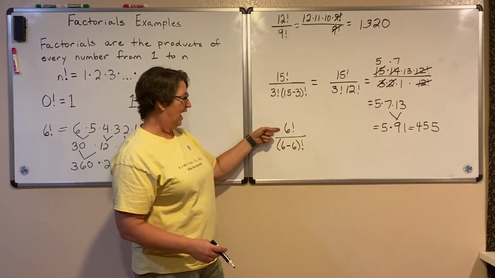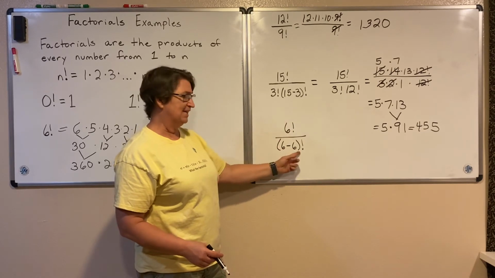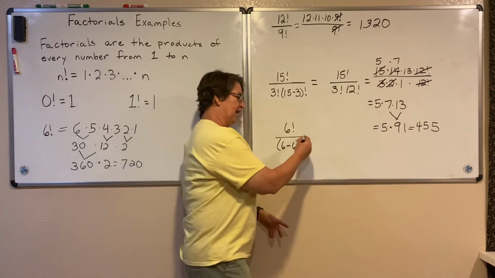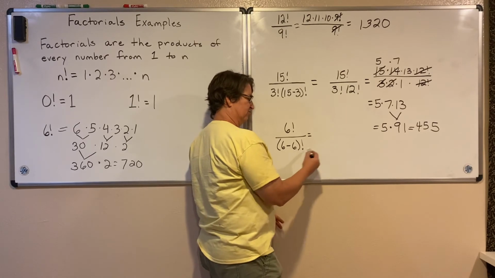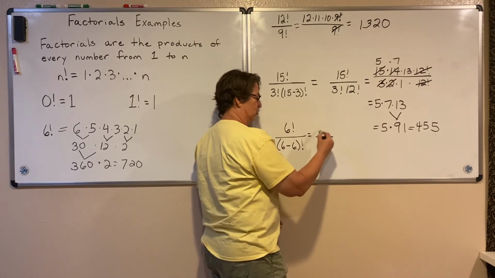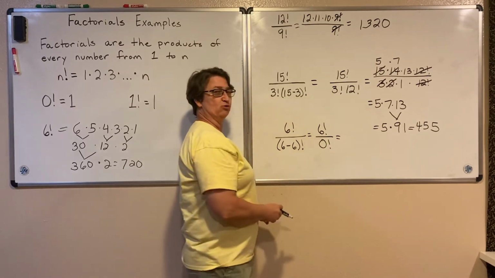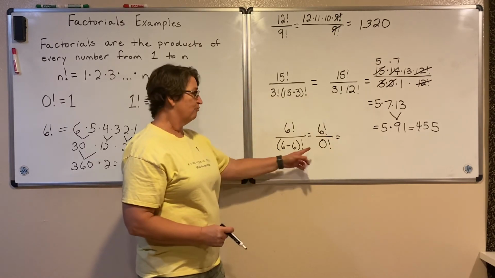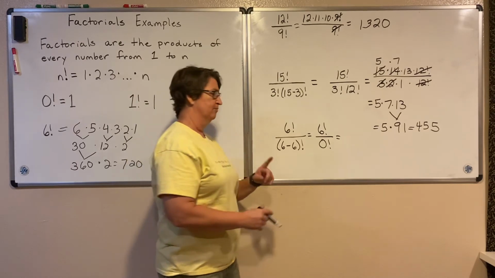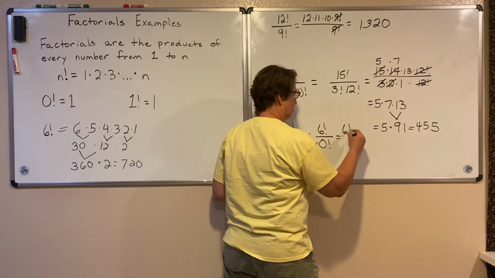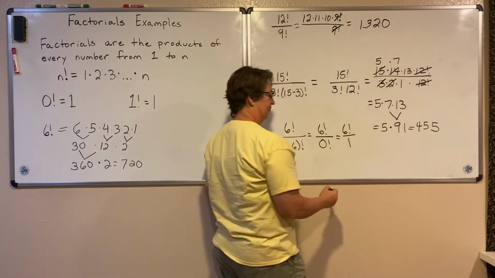One more, I have 6 factorial over 6 minus 6 factorial. Again, I'm going to do inside the parentheses first. That leaves me with 0 factorial. So I have 6 factorial over 0 factorial. Remember that 0 factorial means 1. So I have 6 factorial over 1.